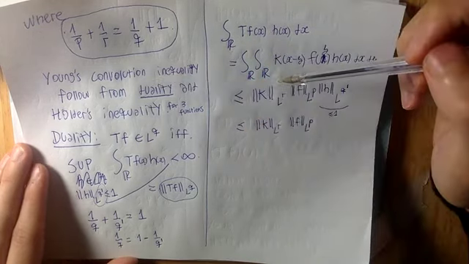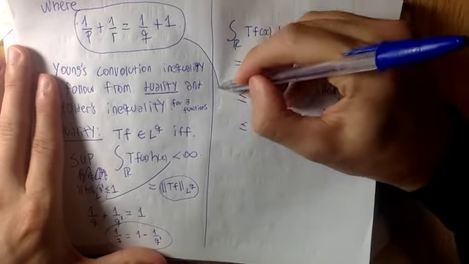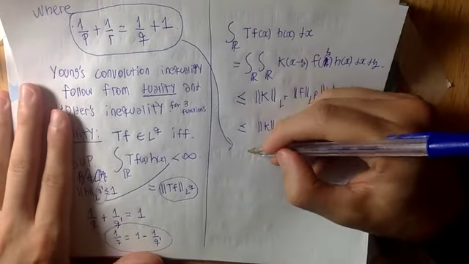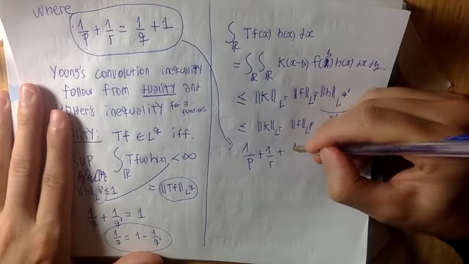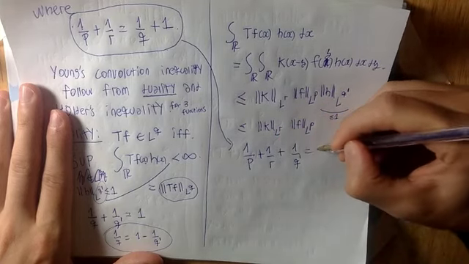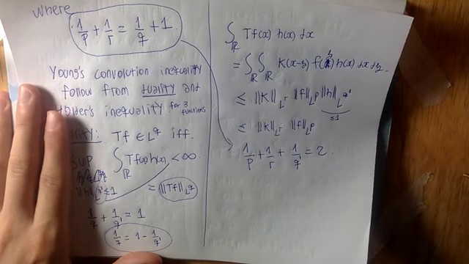To show this, we need to note that because we are using q prime, we have this condition here. In particular, replacing this condition, we have 1 over p plus 1 over r plus 1 over q prime is equal to 2.